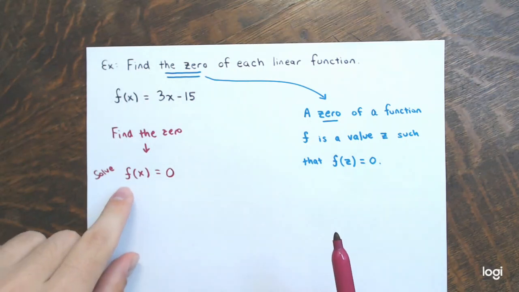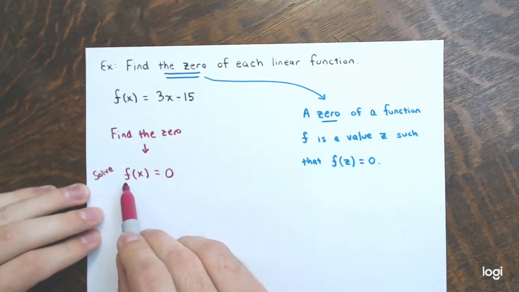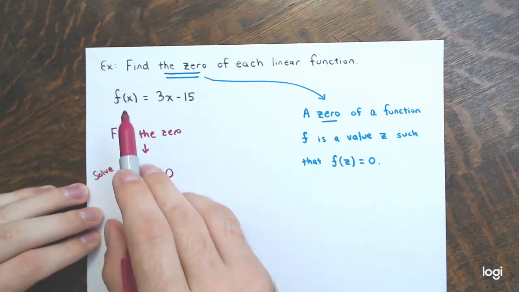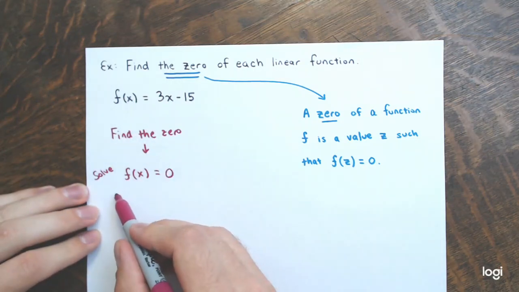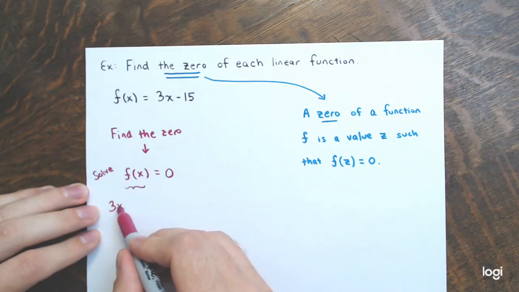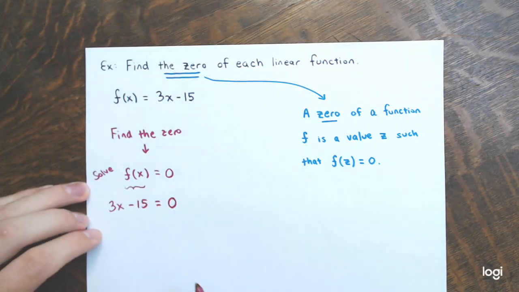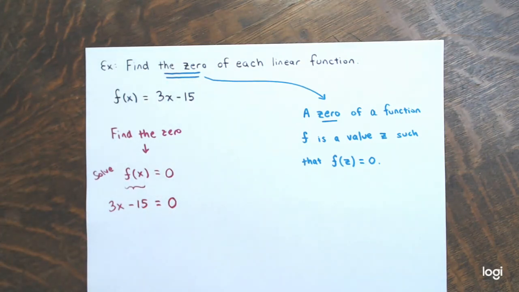When is f of x equal to 0? When is the output 0? And what is f of x? Well, the value of f at any x is 3 times x minus 15. So this side here is just 3x minus 15, and we're solving this equation. When is 3x minus 15 equal to 0? It's just solving a simple linear equation now.